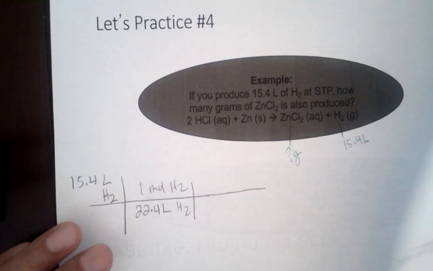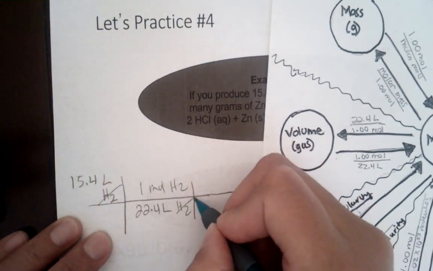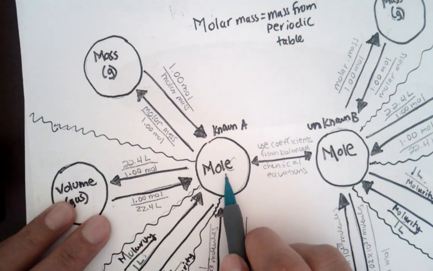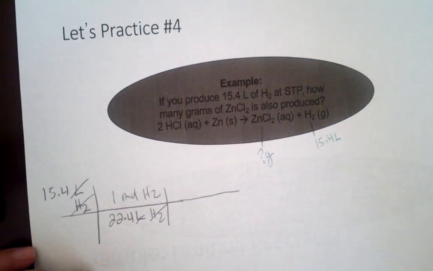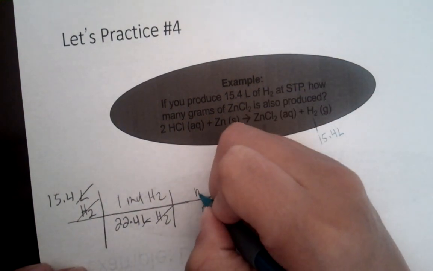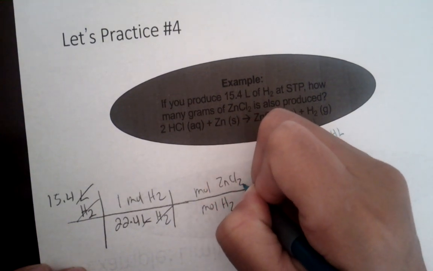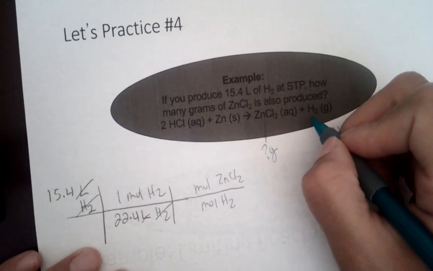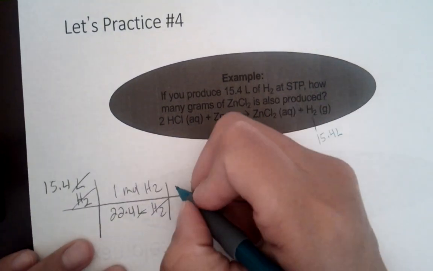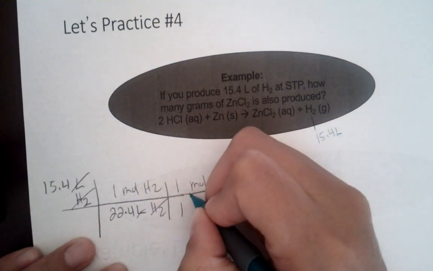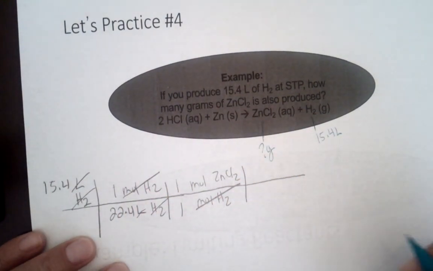Okay, so now if we do that, we get rid of liters of H2, and we have moles of H2. But now we want to go from moles to moles. So now we want to get rid of moles of H2 because we want the moles of zinc chloride, ZnCl2. Now we use coefficients. As you can see, none of them have coefficients, and it's the 1-to-1 ratio. And we keep going. We got rid of moles of H2.